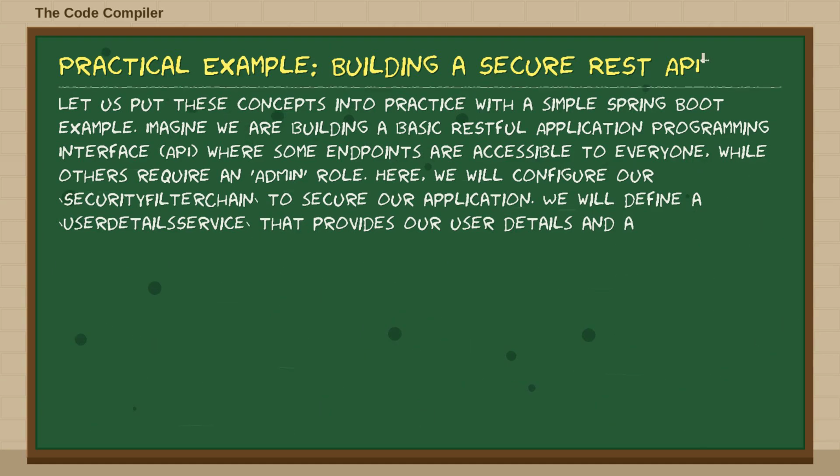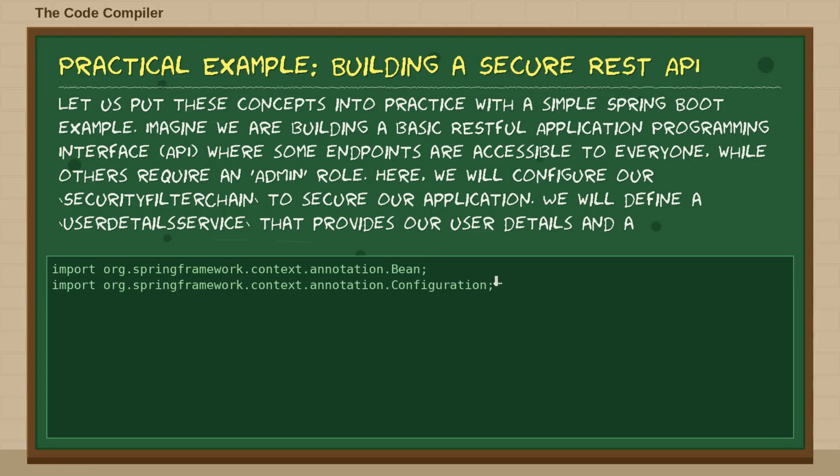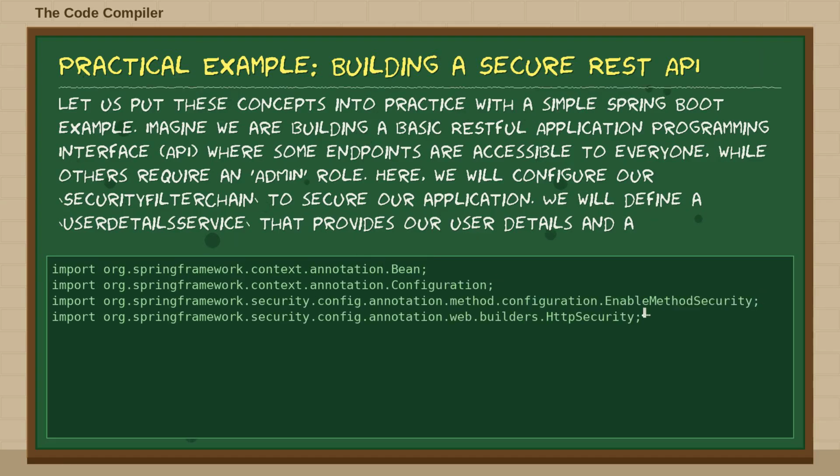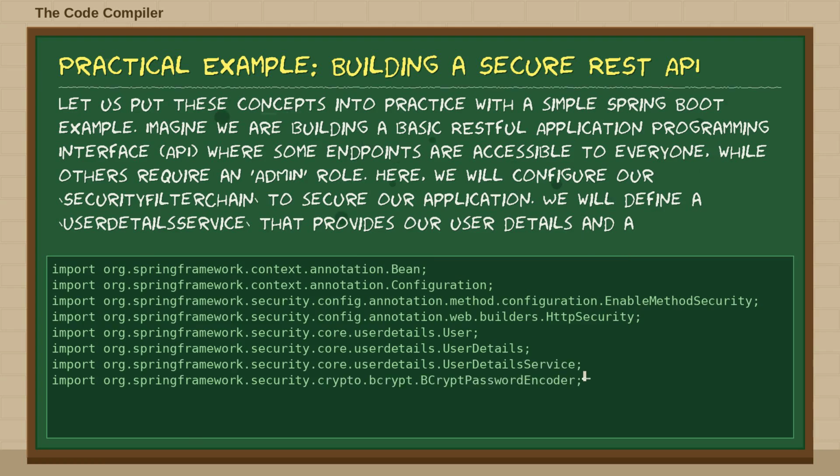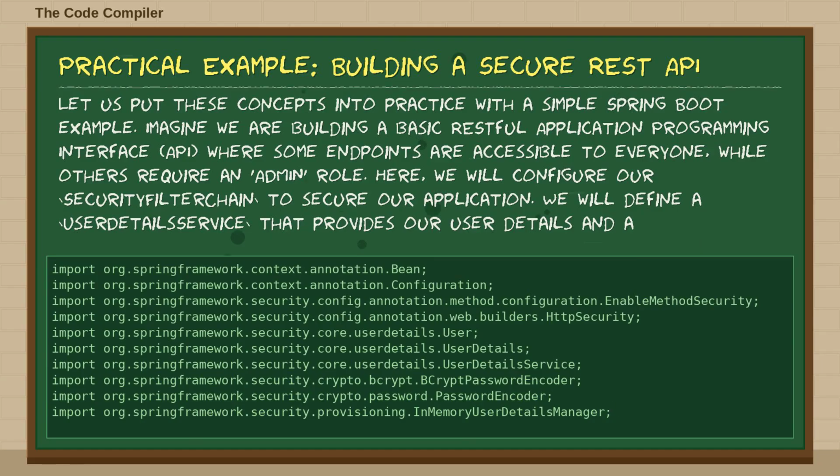Then, within our security filter chain bean, we will specify that requests to /api/public are permitted for all, but requests to /api/admin require the admin role. We will also use @PreAuthorize("hasRole('ADMIN')") on our controller method to enforce this role check at the method level. This demonstrates how you can combine global URL-based authorization with method-level security for fine-grained control.